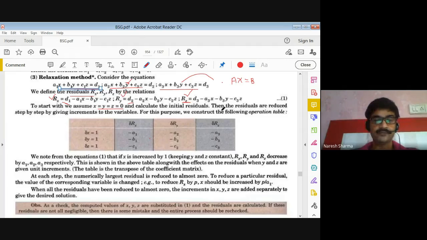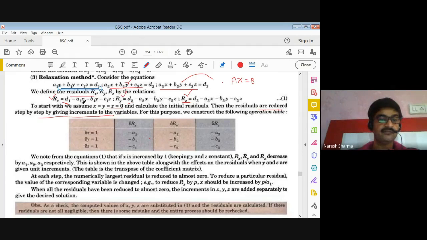How we do that? For that, to reduce this, we give an increment to the variables. How we give the increment to the variables? If you see here, this is d1 and this is minus a1x minus b1y minus c1z. This is rx, the formula for rx. If we put x, y, z as 0, initially we get rx as d1.